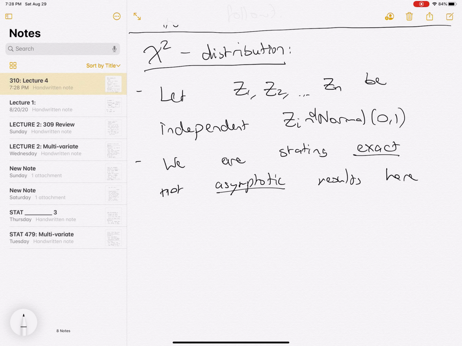As I mentioned, all of these distributions, the chi-squared, the T and the F, are basically constructed from normal random variables. For the chi-squared here, we start with n independent normals.